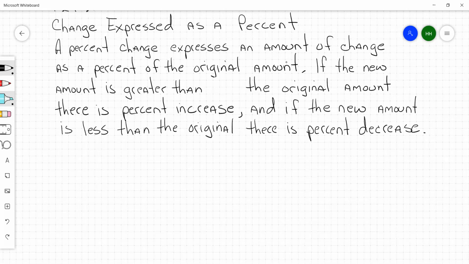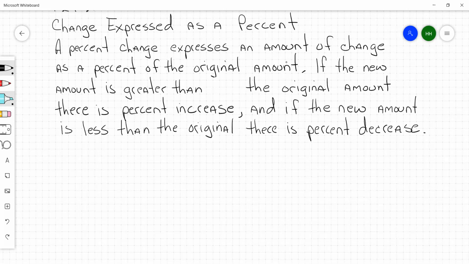A percent change expresses an amount of change as a percent of the original amount. If the new amount is greater than the original amount, there is percent increase. And if the new amount is less than the original amount, there is percent decrease.